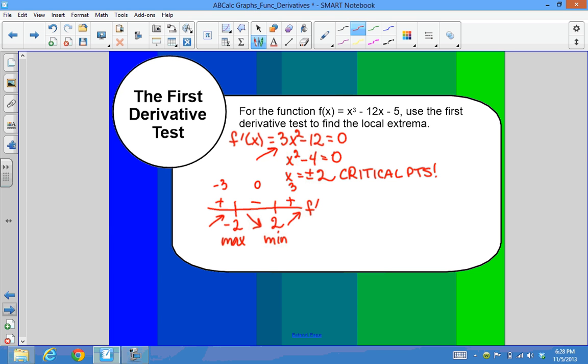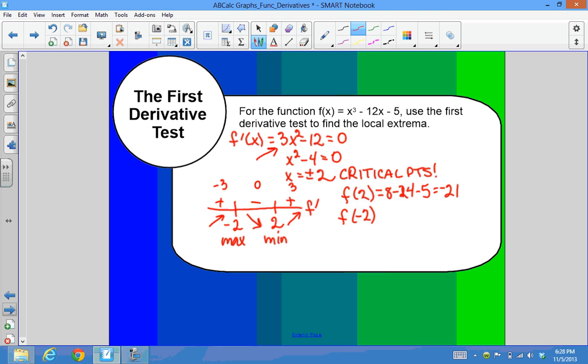Now then, to find the actual points where that happens, I need to plug those values back into my original function, f at 2 and f at negative 2. When I plug 2 in, I have 8 minus 24 minus 5, so negative 16 minus 5, which is negative 21.